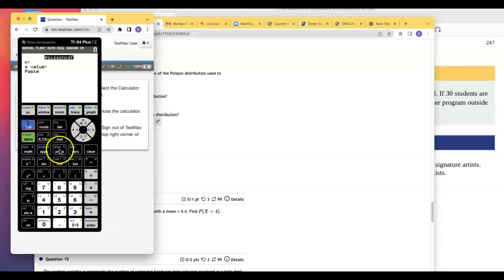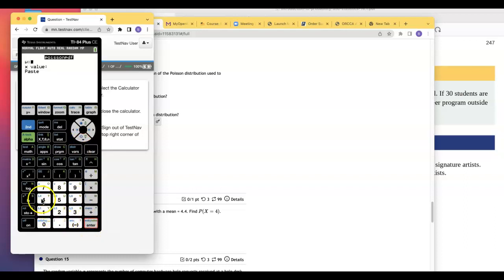So you go second distribution, we go down to PDF because it's equal to, and we type in the clear, second quit because we were in the wrong one, second distribution, scroll down, Poisson PDF.